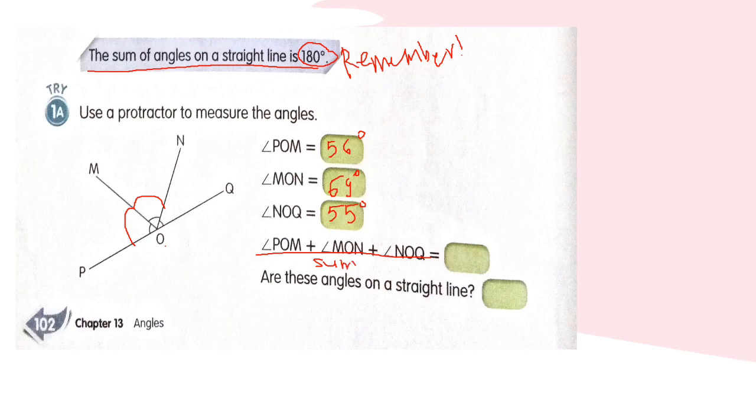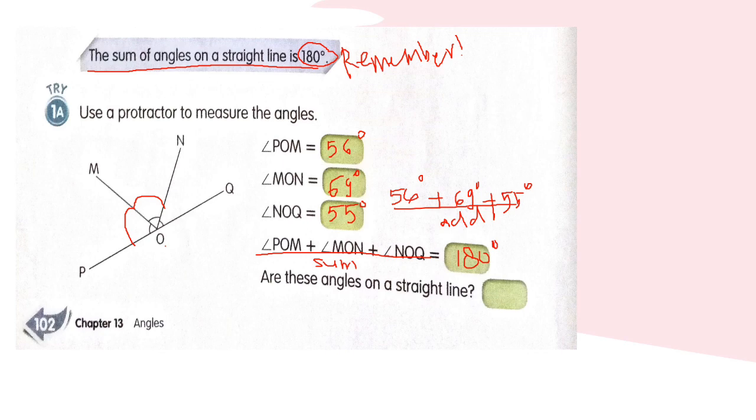So if you sum it all, or if you add it all, total it all together, it's going to be 56 plus 69 and then plus 55 degrees. So if you add it all together, you will get 180 degrees.